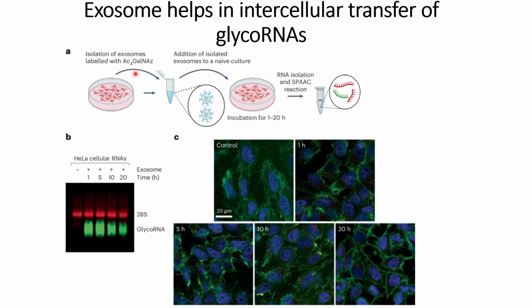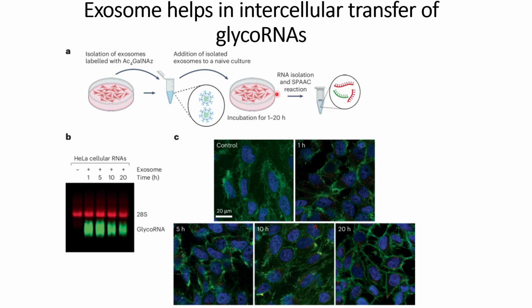This is how they make sure that the exosomes secreted from the first step contain glycoRNAs, whereas the native HeLa cells, since they are not treated with Ac4GalNAz, even though their exosomes contain glycoRNAs, will not be stained by this SPAAC, because it reacts with the Ac4GalNAz-treated glycoRNAs that are formed in the exosomes.